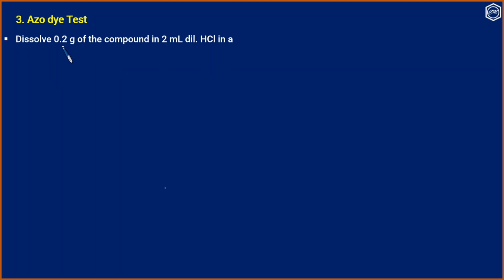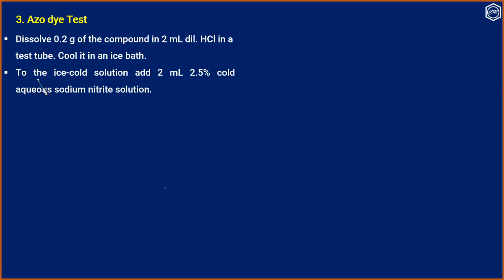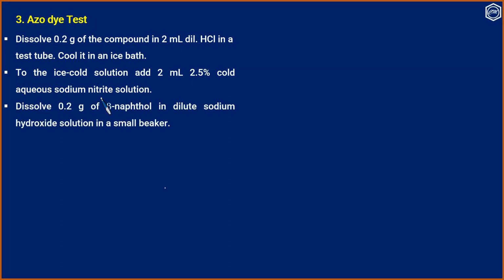So for doing the test, first dissolve about 0.2 gram of the compound in 2 ml dilute HCl in a test tube. And we cool the test tube in an ice bath. To the ice cold solution, we add 2 ml of 2.5% cold aqueous sodium nitrite solution.